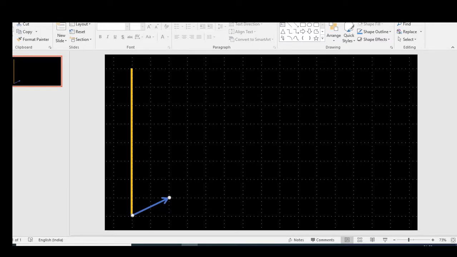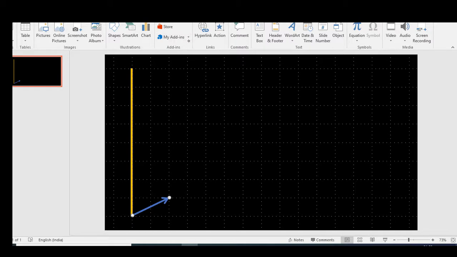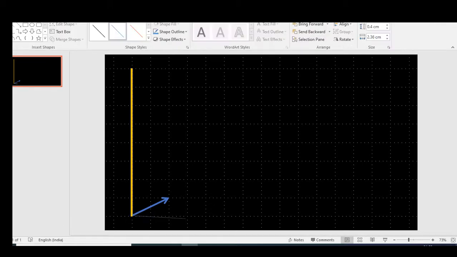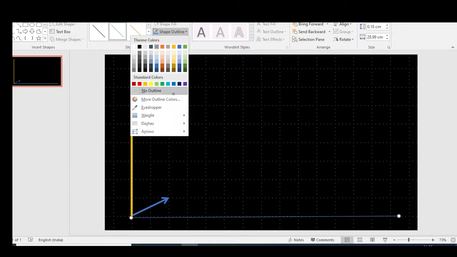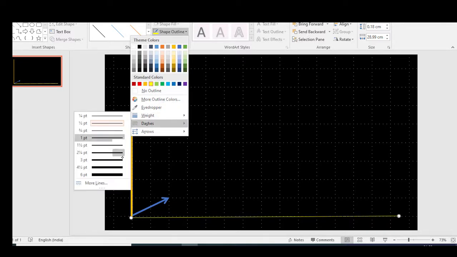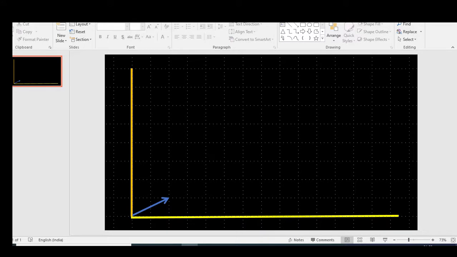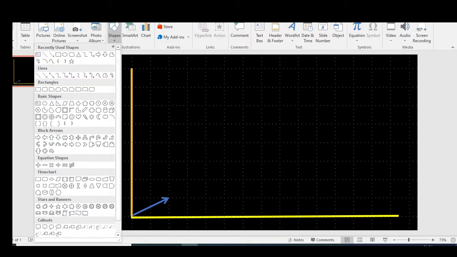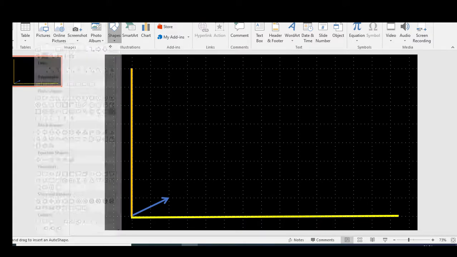Now another line needs to be drawn, a line that is parallel to this horizontal axis, and from the tip of I naught we need to draw another line.